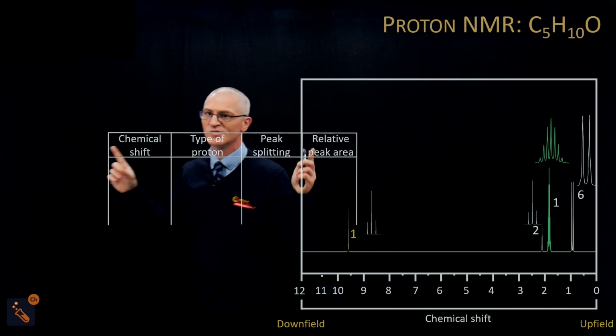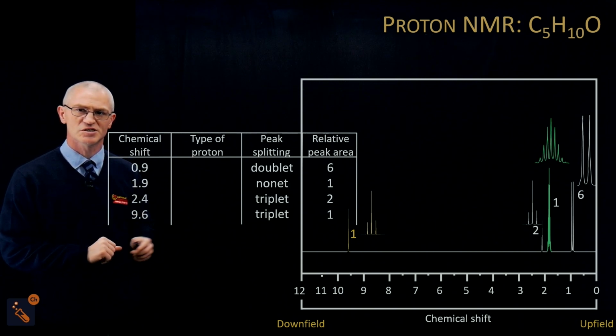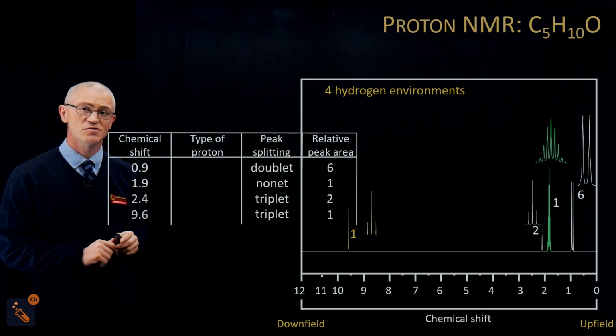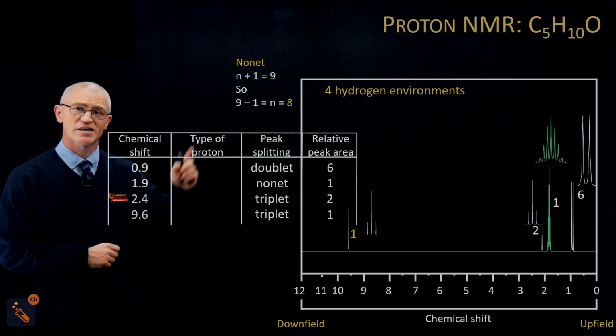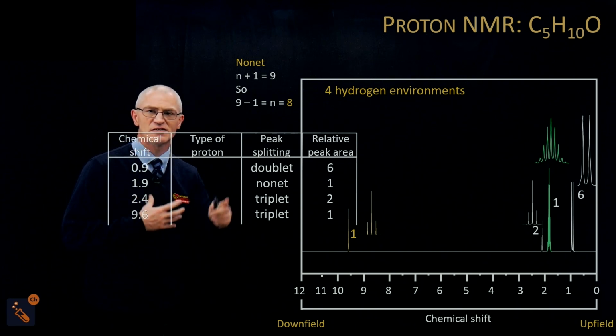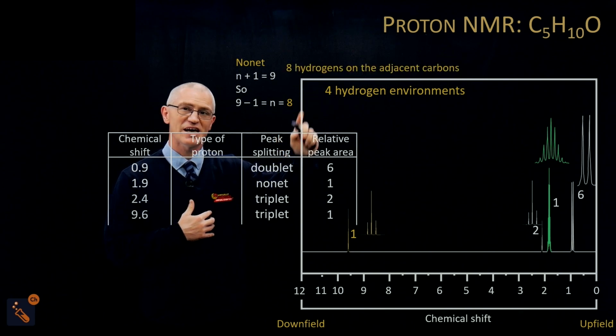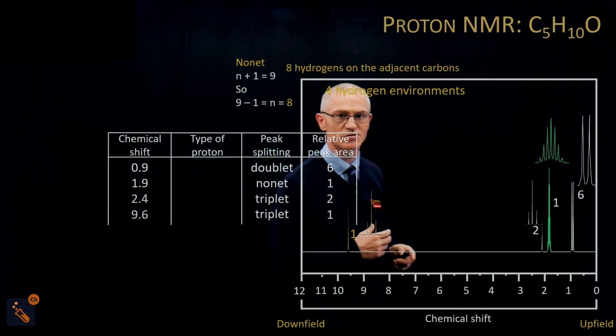But let's do our table like we normally do. Let's do our chemical shifts, peak splitting, and our relative peak area. Let's do our hydrogen environments, 4, because of 4 peaks. And we know we've got a nonet in there, which we didn't really discuss. Now, let's go back to that nonet. The nonet means that you've got 9 peaks, and 9 minus 1 equals n is 8, so that means 8 hydrogens on the adjacent carbons.